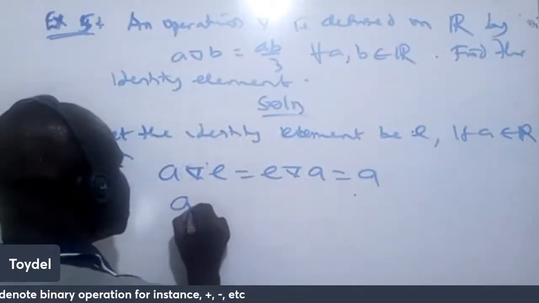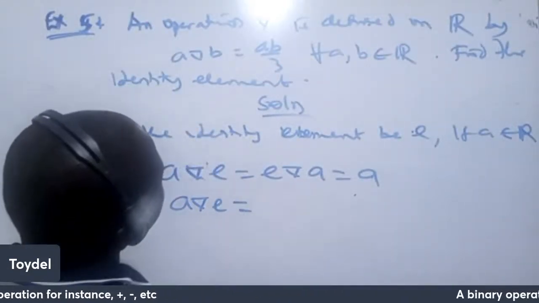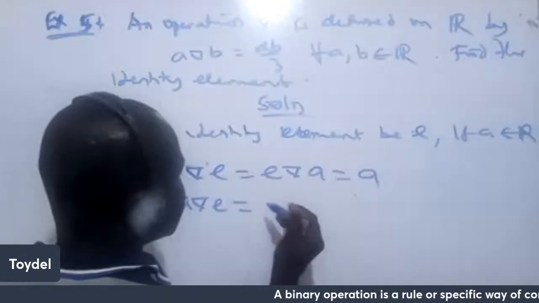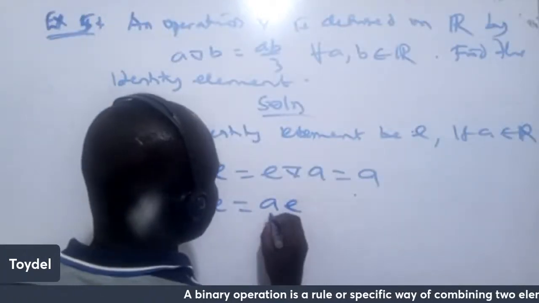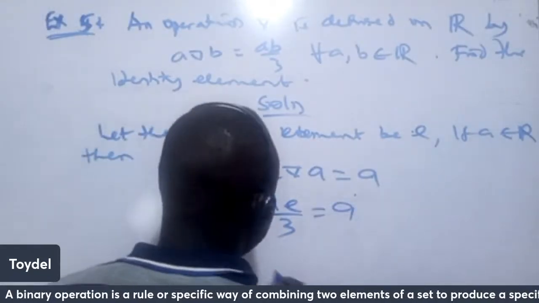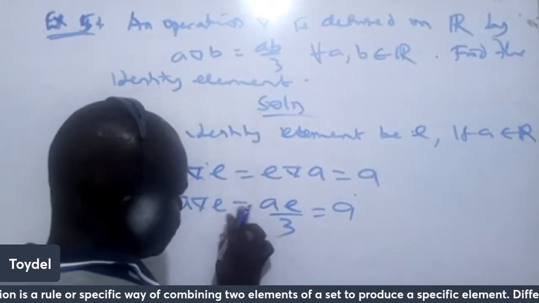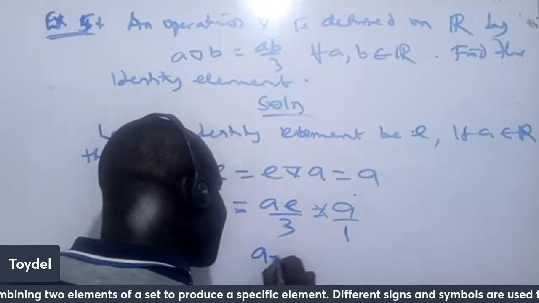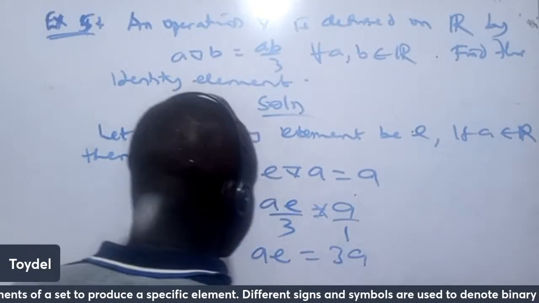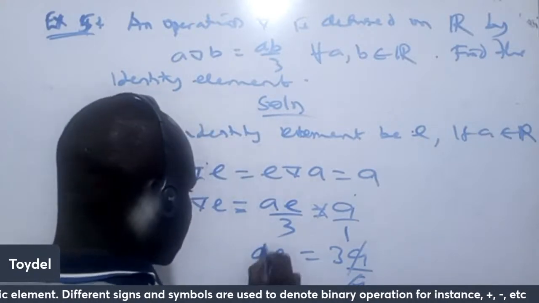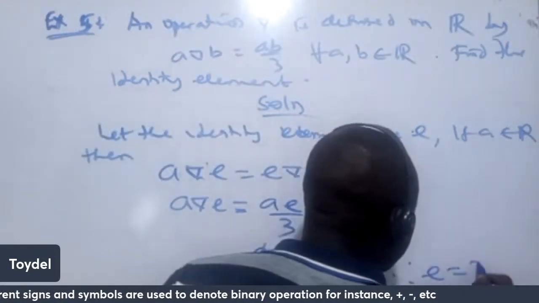In this case, A inverted triangle E is what? If A inverted triangle B is AB over 3, that will be AE all over 3. That's what we are going to get, and it must give us A. So from here, if I cross multiply, I'm going to have AE is equal to 3A. If I divide both sides by A, that will take care of A. Therefore, E is equal to 3.